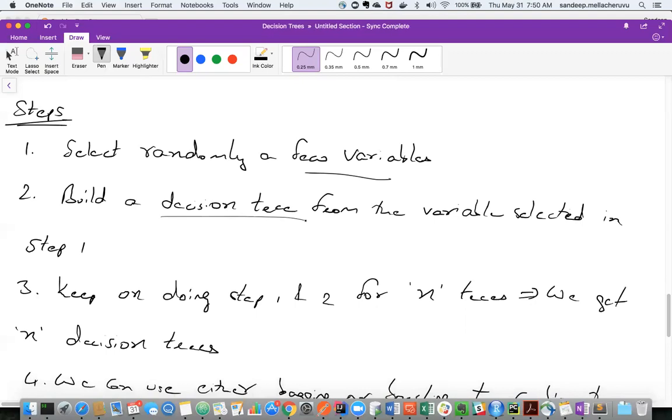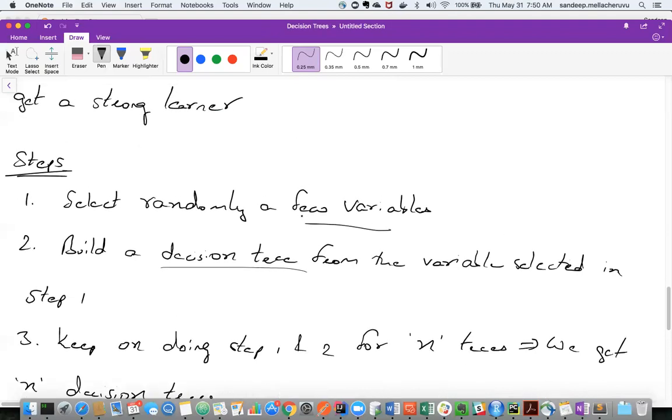Now, when you say you built a full tree, what happens? The depth of the tree is too much, too huge. The depth will be too huge, maybe 10 levels, 100 levels, or 1000 or whatever it may be. And we already saw what happens when the depth is too much.